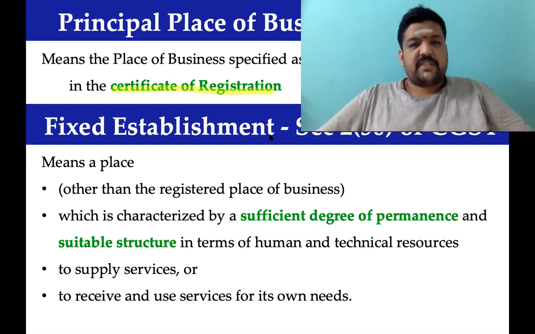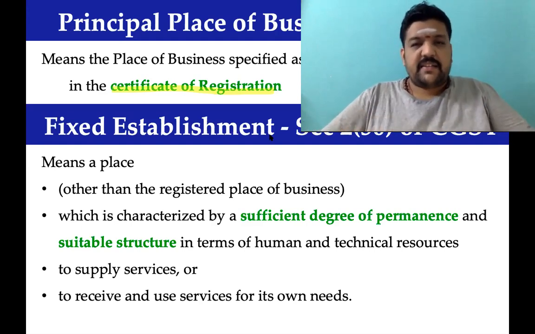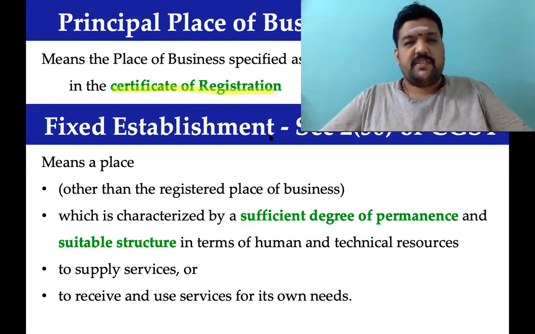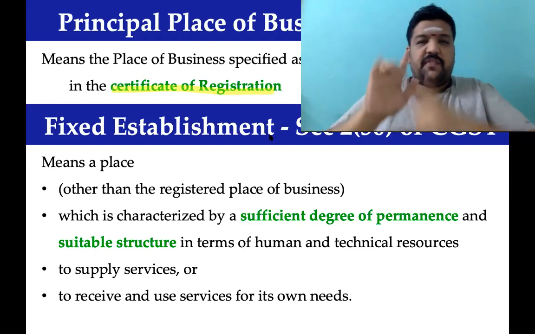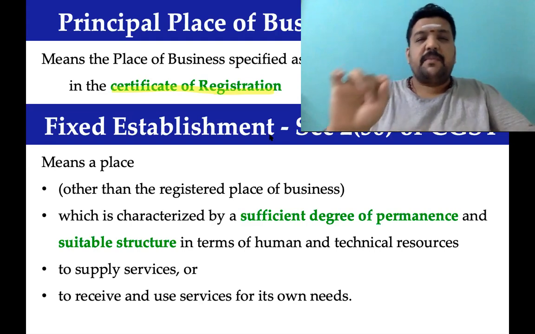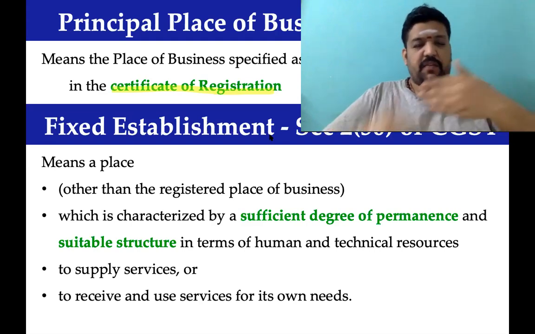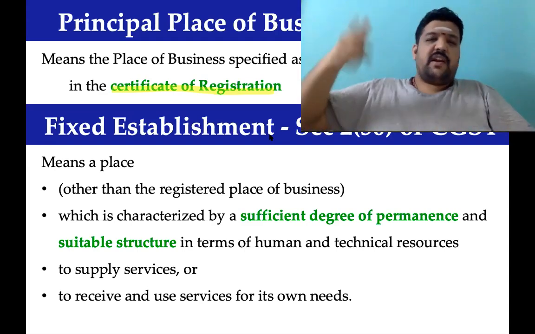All these offices' addresses are treated as additional places of business. The head office address, which is there on the certificate, would be treated as the principal place of business. On the first page of the certificate, the address will be there. All the rest of the addresses will be on the backside.